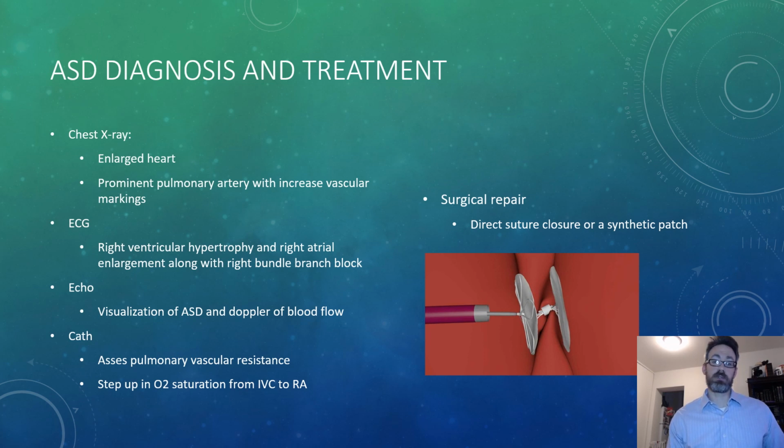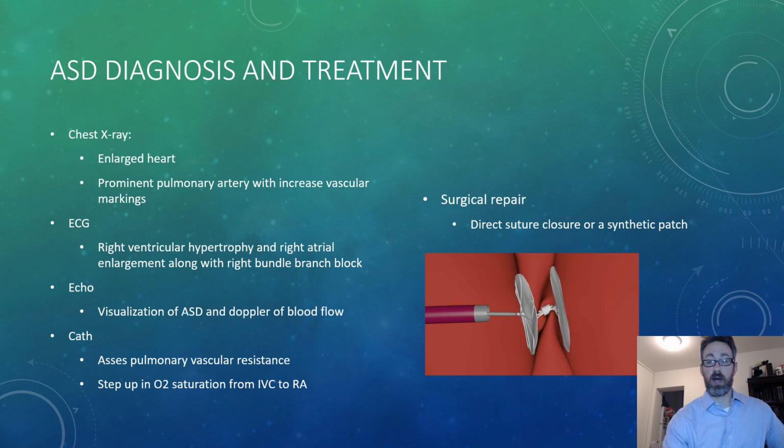But with an atrial septal defect, where oxygenated blood is mixing with venous blood, the catheter goes from the superior vena cava, showing low oxygen content, and when I move the tip into the right atrium, I now see a step up in oxygenation. That step up occurred before I ever got to the lungs, so that's abnormal, and it suggests mixing of oxygenated blood.